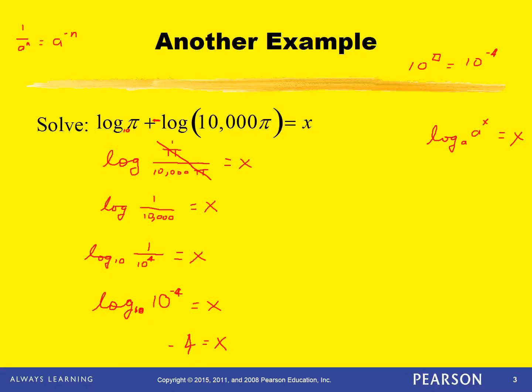Negative 4 is the solution, so yes, x is negative. In a logarithmic equation, we haven't made any argument of a logarithm negative, so unless you do that, there is no problem with having x be negative.